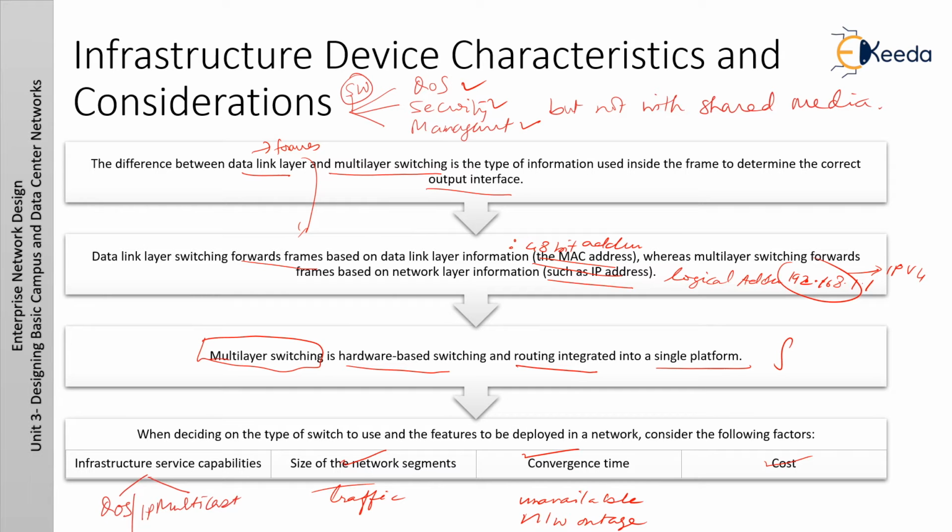Note that multi-layer switches are typically more expensive than their layer 2 counterparts. However, multi-layer functionality can be obtained by adding cards and software to the modular layer 2 switch.